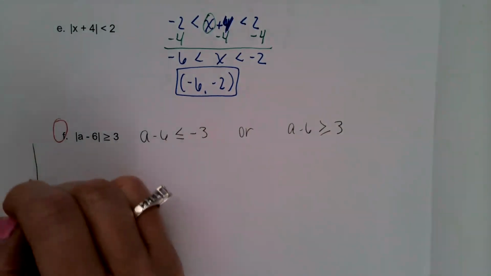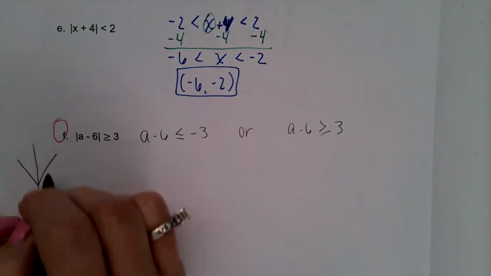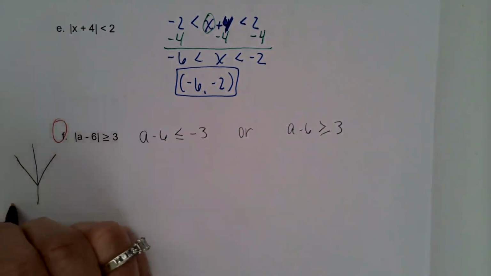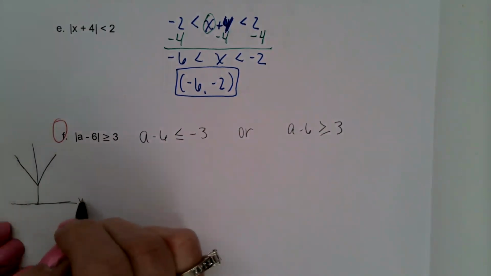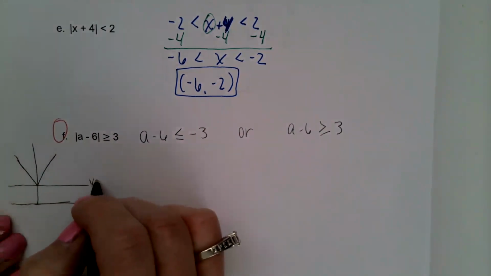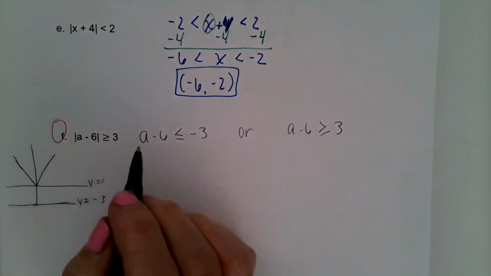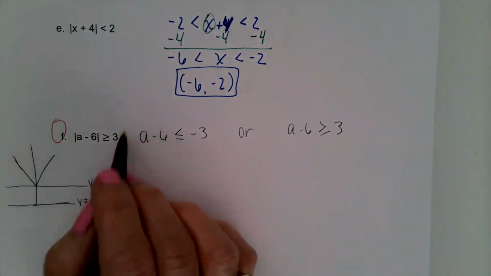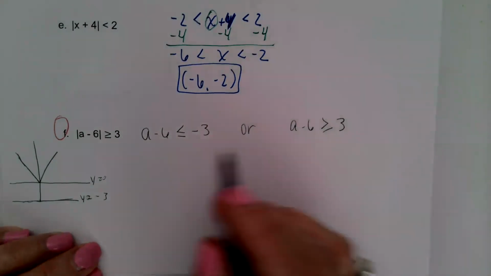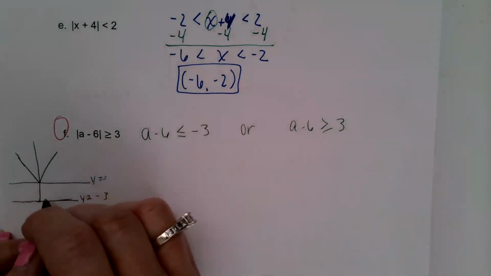Remember, we said we could picture this like this. And then here is y equals 0, and here's y equals a negative 3. But where can this expression be less than a negative 3 or greater than a positive 3?